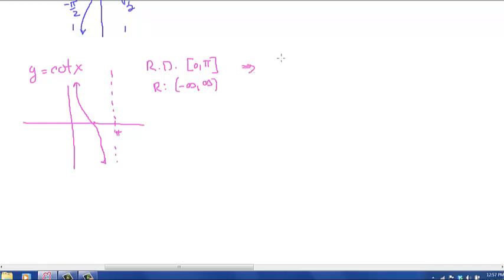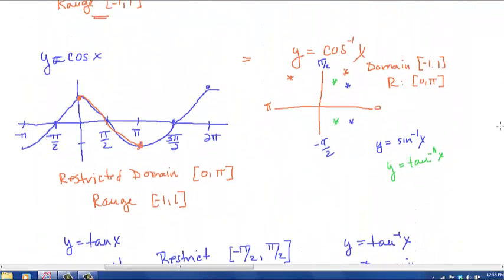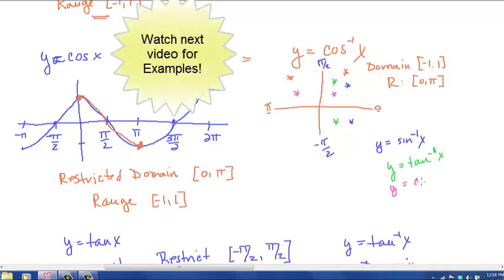So what that does for the inverse function is my domain is all real numbers, but my range will be just from 0 to pi. So it doesn't behave the same way as tangent. If we go back up here to where we were charting this out, for cotangent we restricted from 0 to pi. So if it's positive, quadrant 1, negative, quadrant 2.